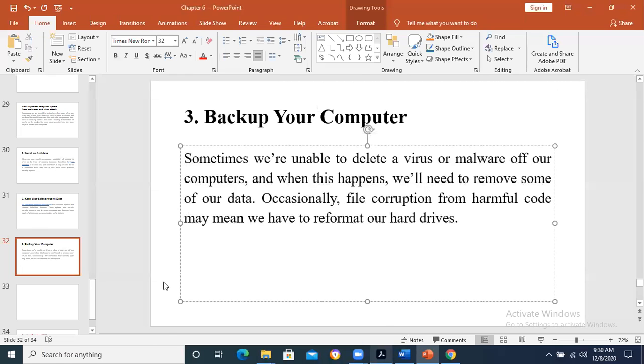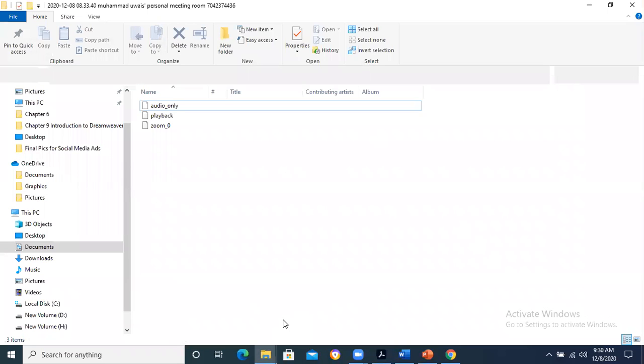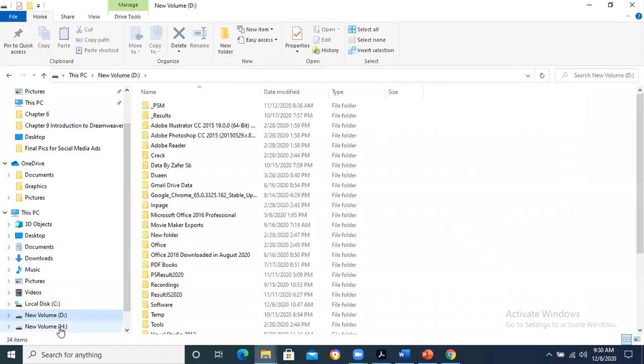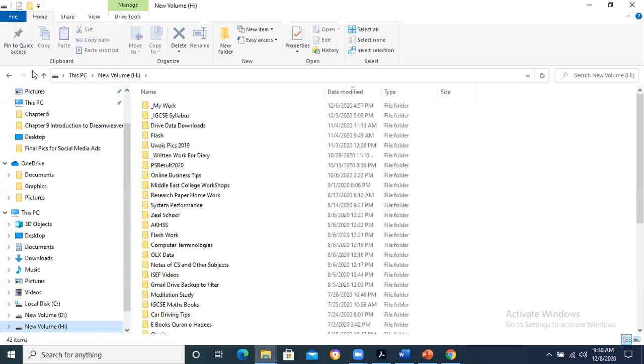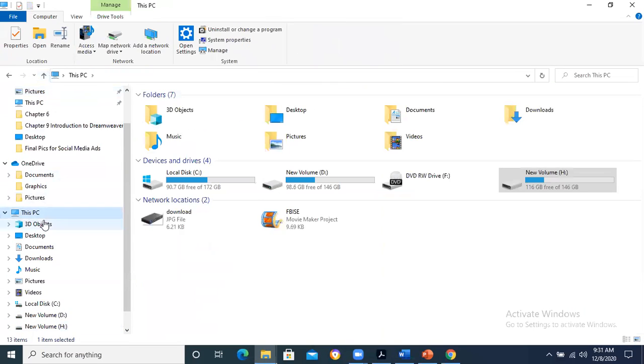Let's suppose in my computer, my D drive is filled, my H drive is filled. There is a lot of data in it. If I click on My Computer, I can see that there is a lot of data. 98 GB is there, 90 GB is there. In the H drive, there is 116 GB. What should I do?